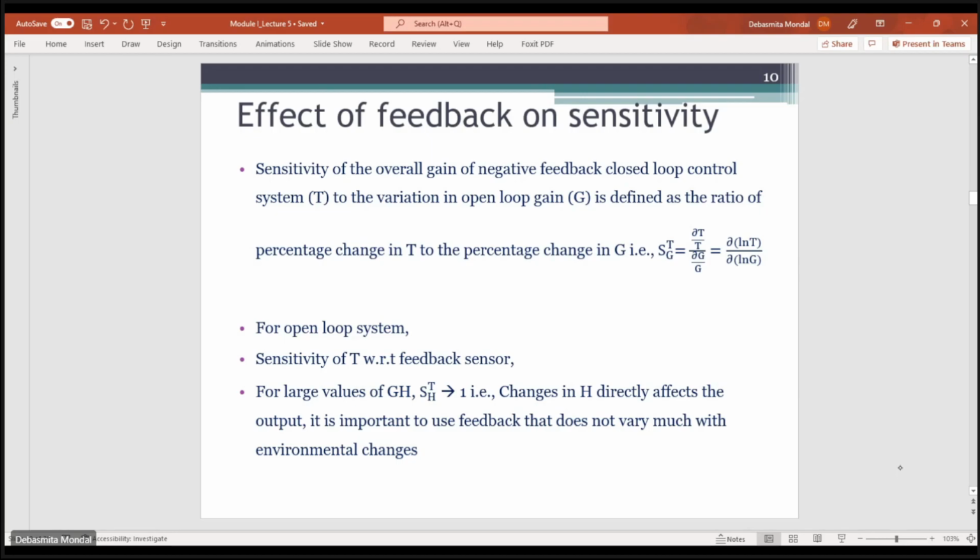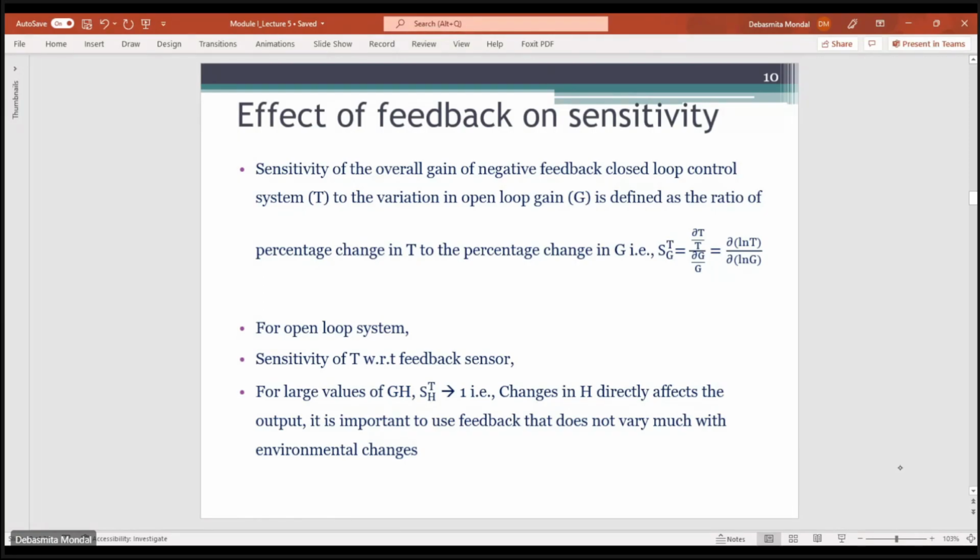So the sensitivity of a system is basically defined as the percentage change in T divided by the percentage change in G. T is the overall gain of the closed loop system, and G is the gain of the forward path only.